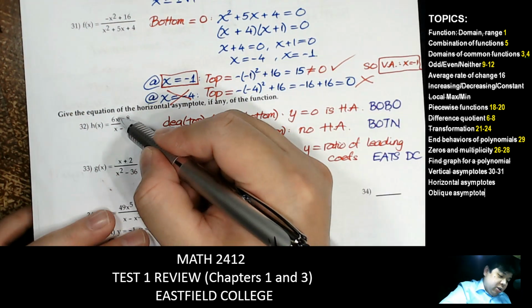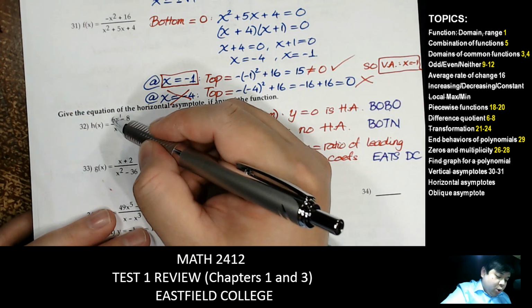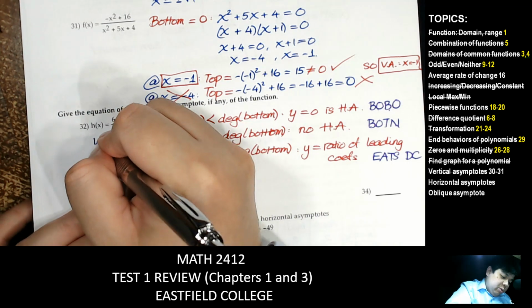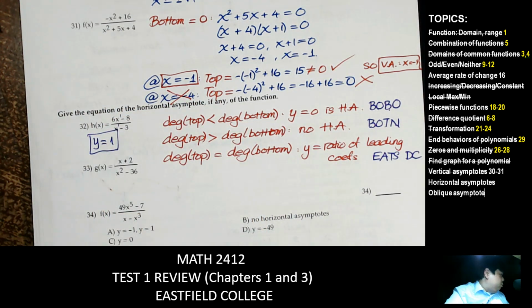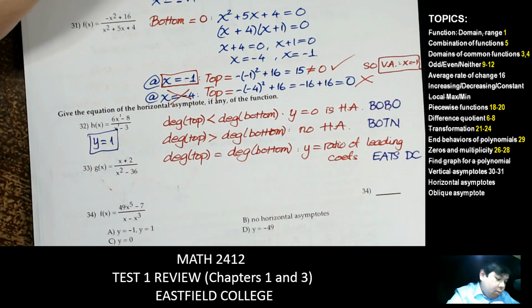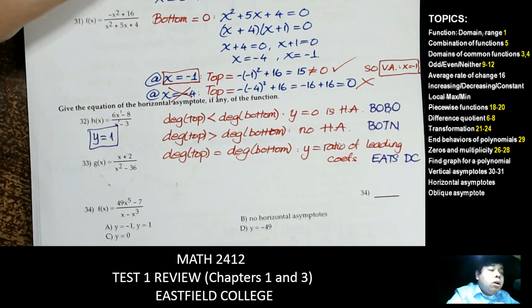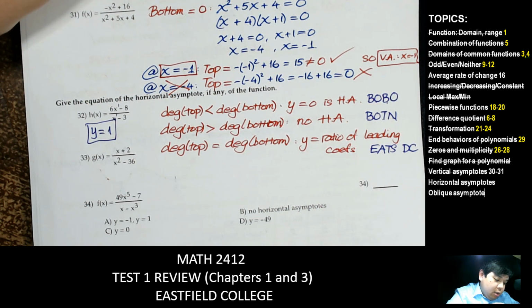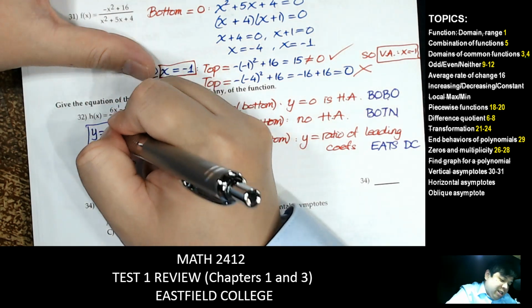So for this one, degree on top is 1, degree on the bottom is 1. They're the same, so we divide the coefficients, which will be y equal to 1. Very straightforward. For the next one, 6 divided by 1 is 6.